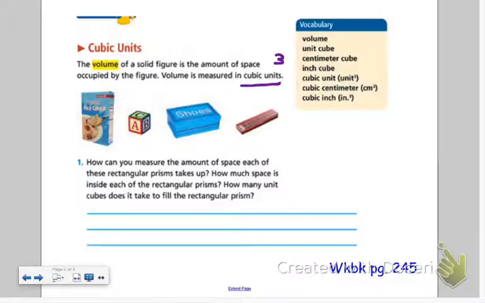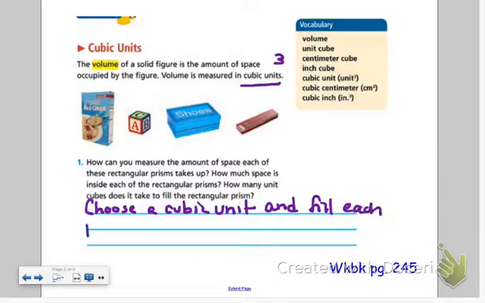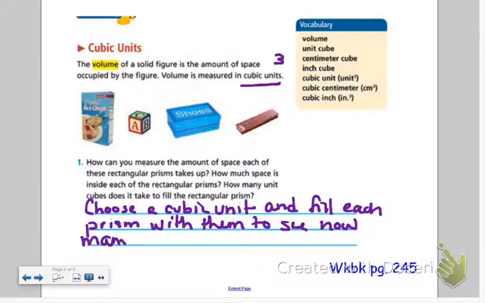So to answer this question, I guess it would help if we choose a cubic unit and fill each prism with them to see how many unit cubes it takes to fill.